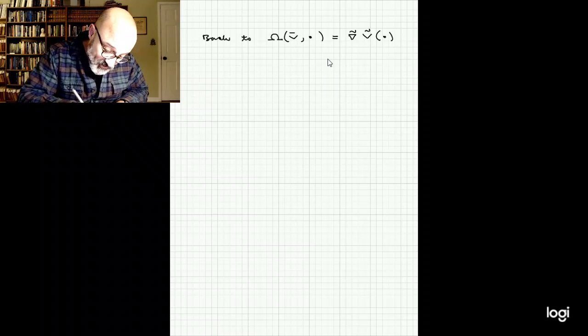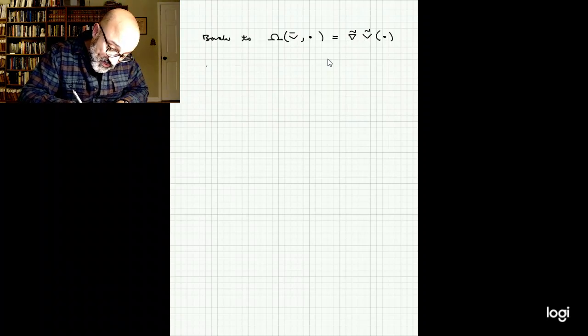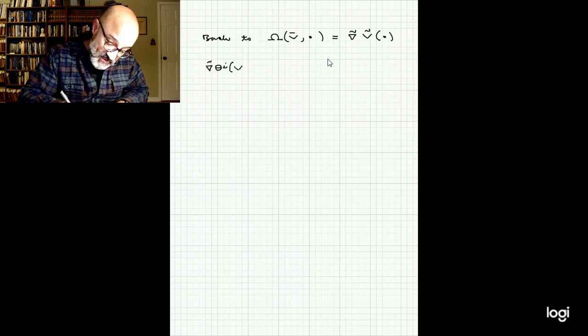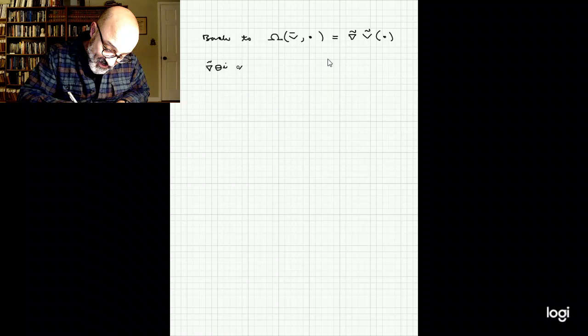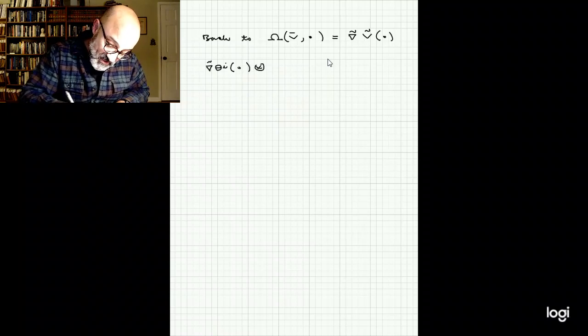Very good. Let me write it in a different way. Remember how this worked? This was the theta I acting on V. This was supposed to be a theta, pi.